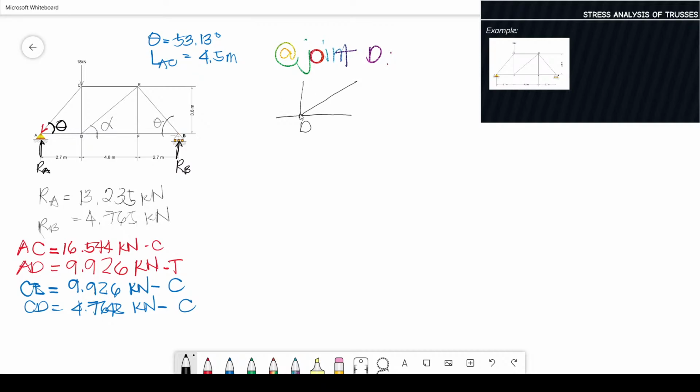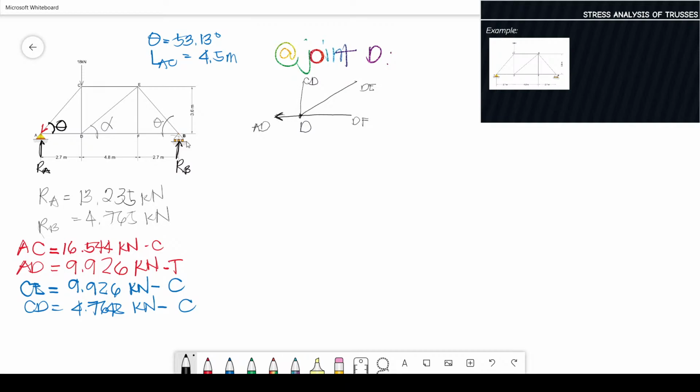However, we only have two unknowns, because we already have values for AD and CD. What we need is DE and DF. What is our AD? AD is tension, so it is pointing away from the joint.